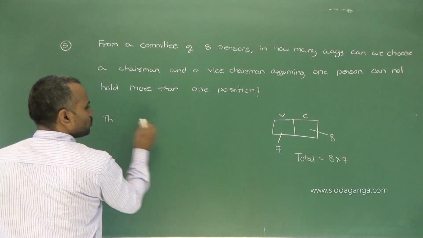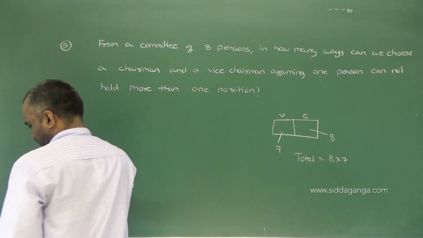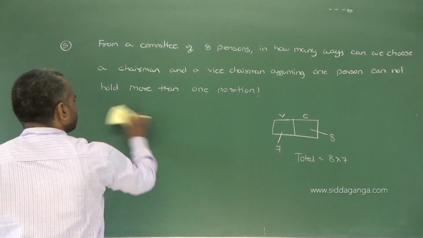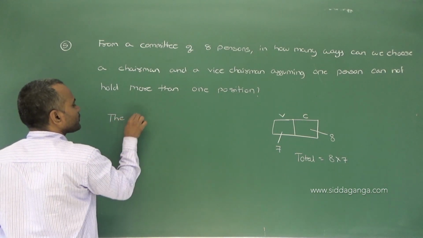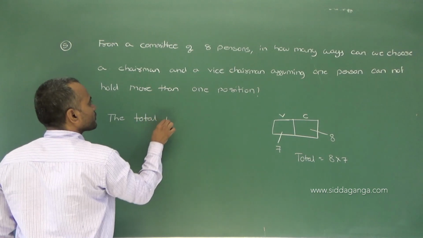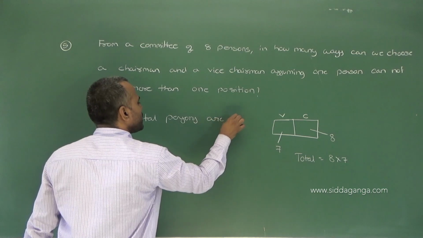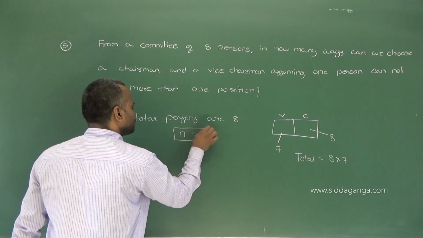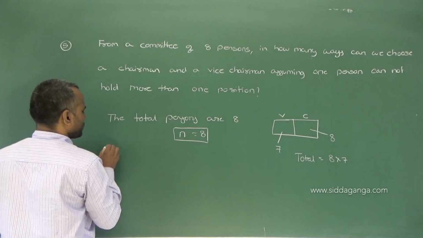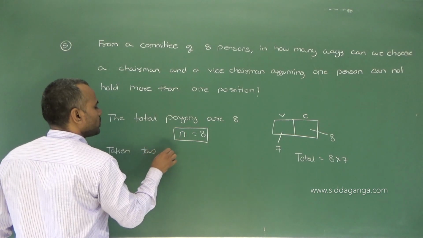How can we solve? Very simple. 2 boxes are there. The total persons are 8, taken 2 at a time.